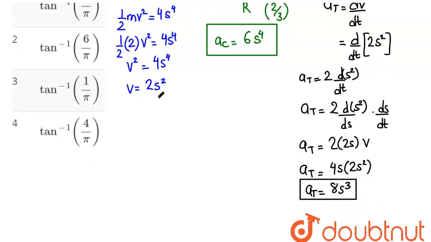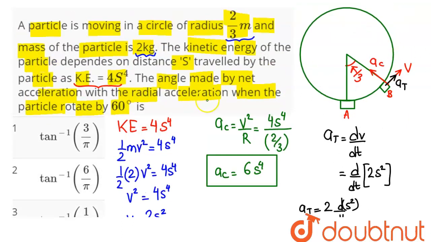Now the question says the angle made by the net acceleration with the radial acceleration when the particle rotates by 60 degrees. So the net acceleration, by parallelogram law, will come along this direction. We need to find the angle made by net acceleration with the radial or centripetal acceleration. Suppose this angle is theta.